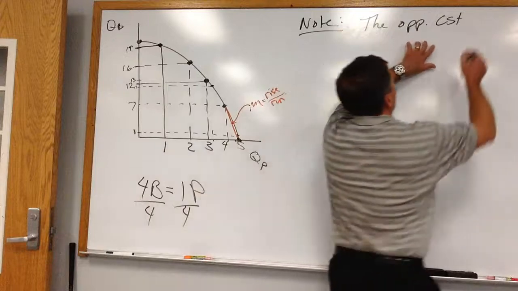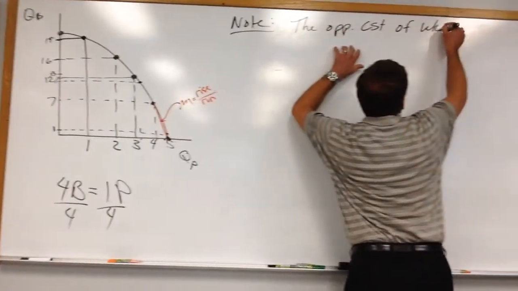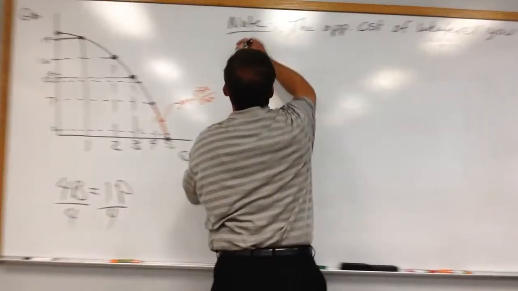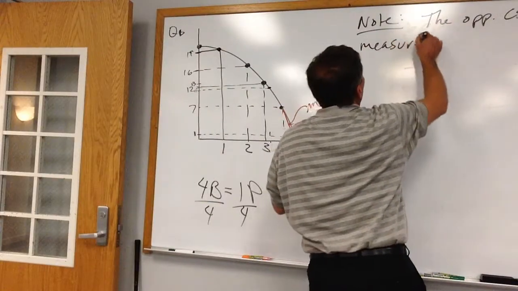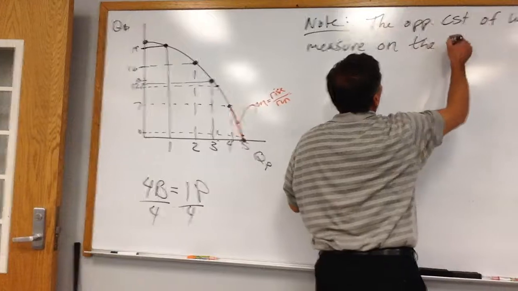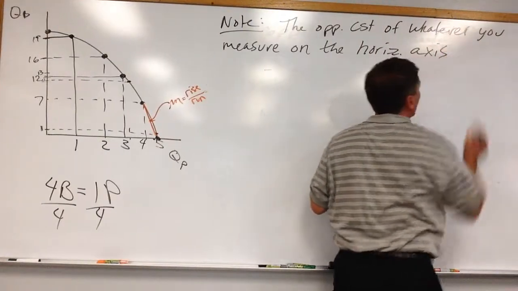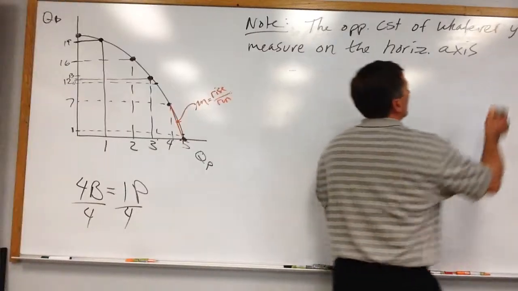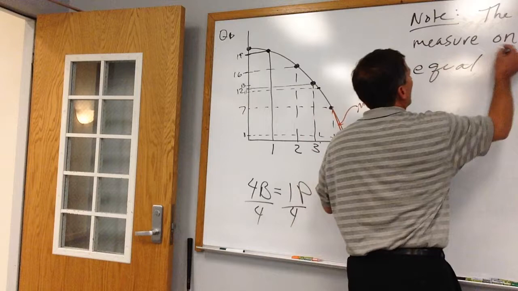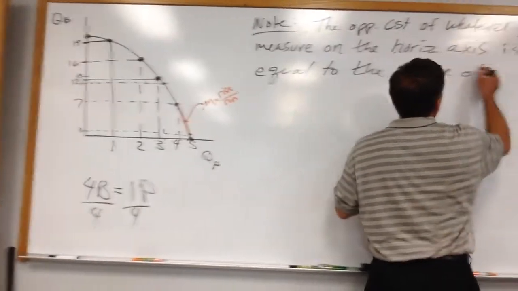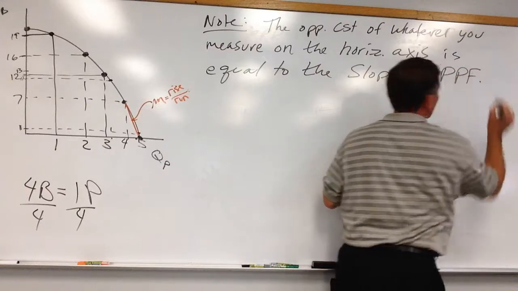The opportunity cost of whatever you measure on the horizontal axis is equal to the slope of the production possibilities frontier.